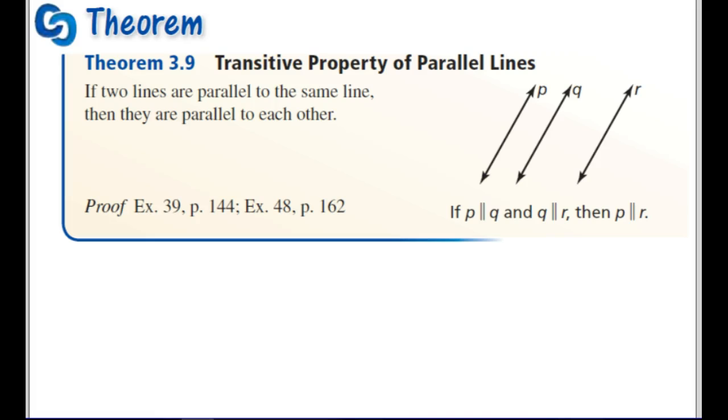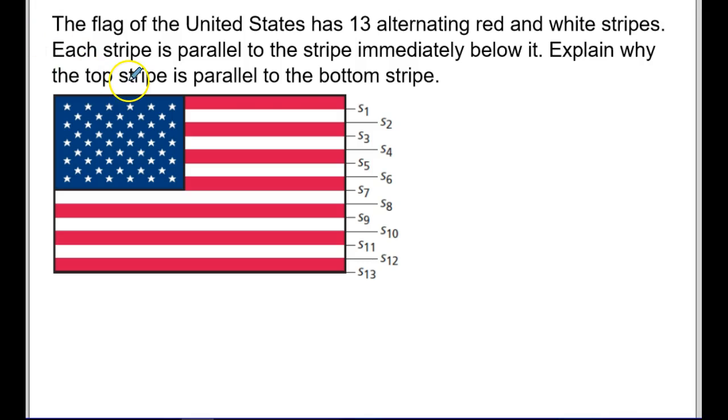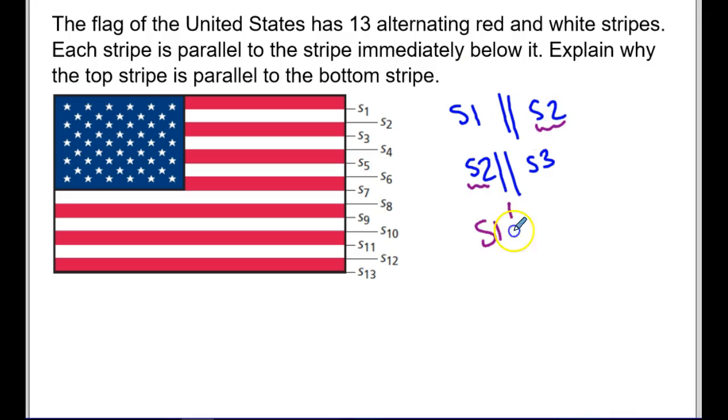For using this transitive property, we can just start at the top. I know that stripe 1 is parallel to stripe 2, and I know that stripe 2 is parallel to stripe 3. So using that transitive property, I'm going to write this. Stripe 1 is parallel to stripe 2. Stripe 2 is parallel to stripe 3. Since these are the same, I can now say that stripe 1 is parallel to stripe 3.